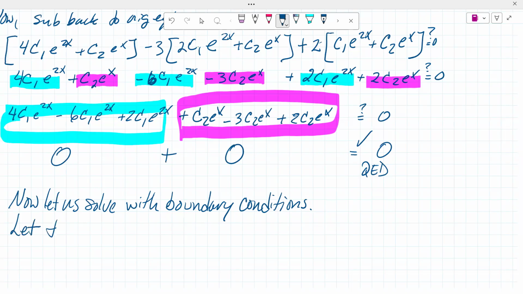Let the boundary... whenever you see that word, that's going to be a key word that you need to do the next step.